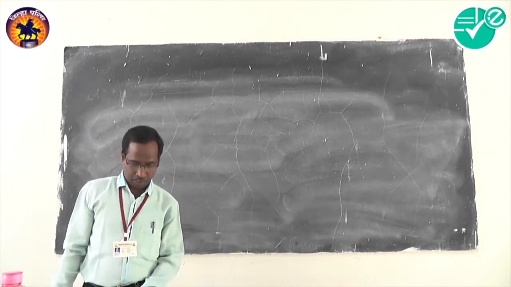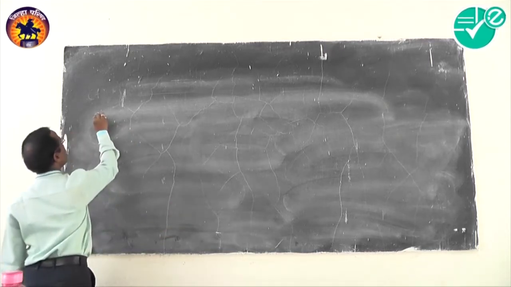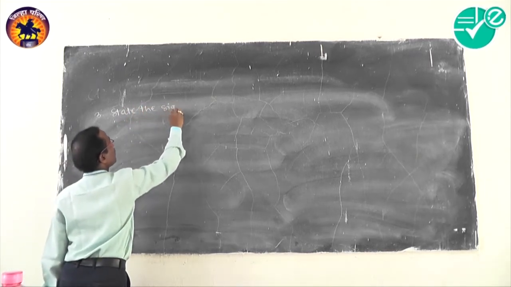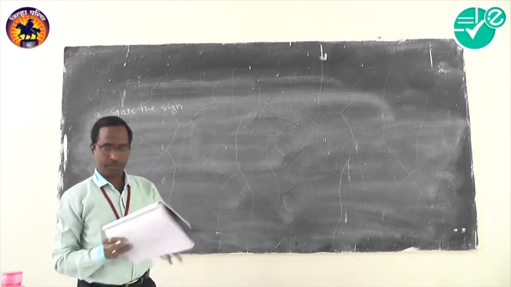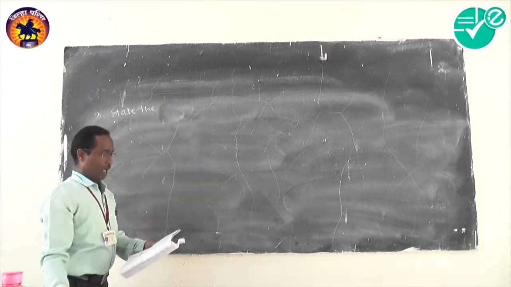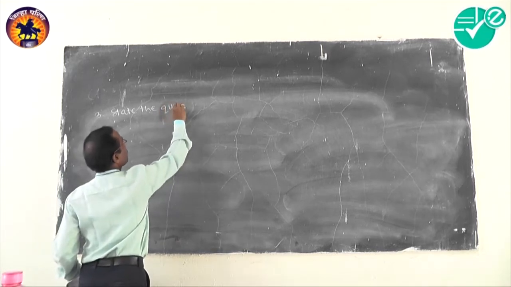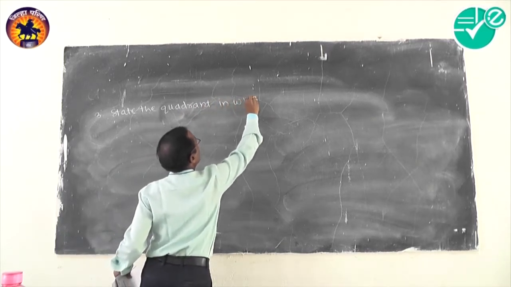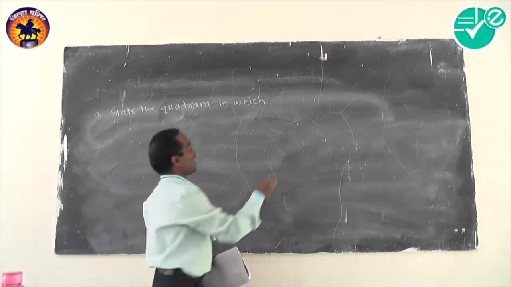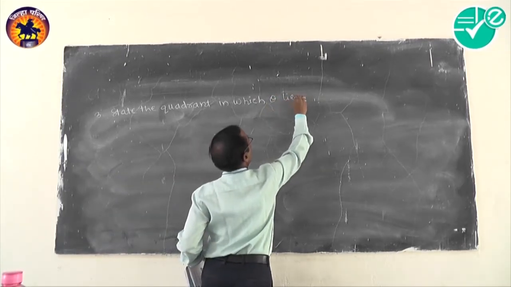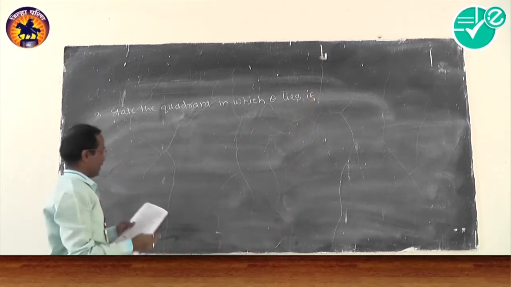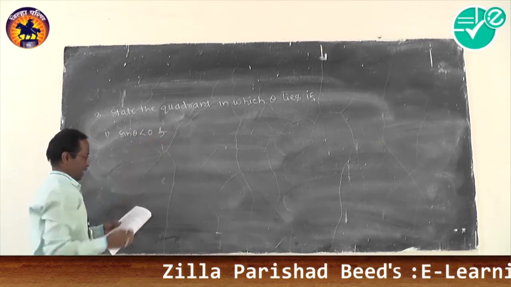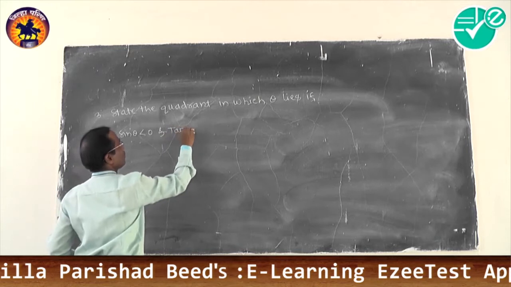Now we are going to take the next example, question number 3. State the quadrant in which theta lies if sin theta is less than 0 and tan theta is greater than 0.